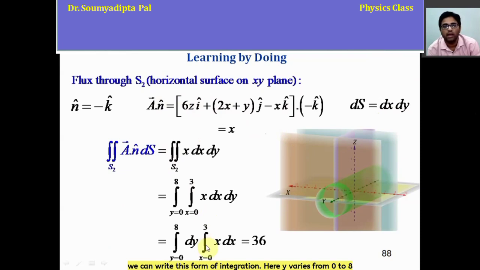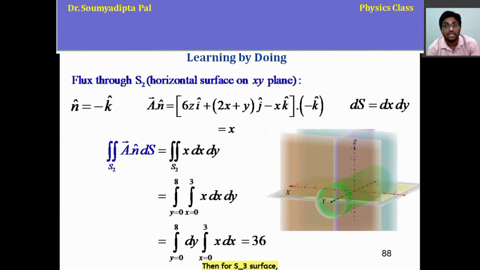Here y varies from 0 to 8 and x goes from 0 to 3 because it is the radius of the circle along x axis. Then after doing the integration and putting the limits, we get this value.